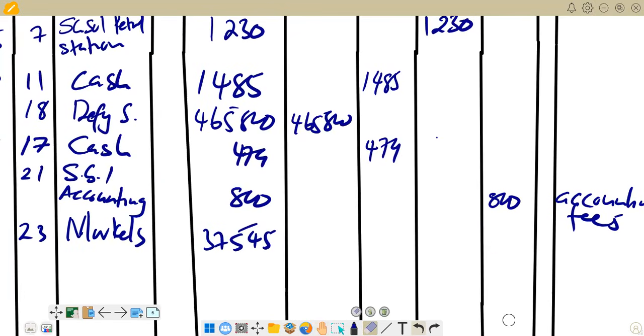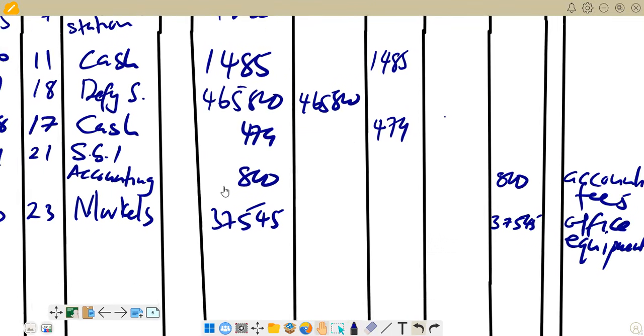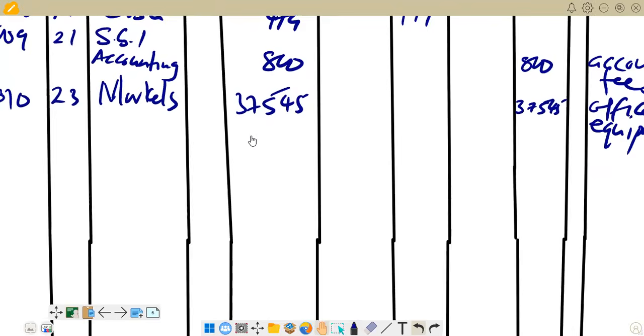So here we are saying the actual figure there is 37,545. And this one we're saying is office equipment. So this is there. And we can as well go and check on the next entry.